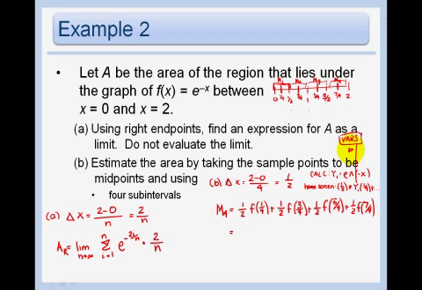Go over to Y-Vars on your calculator. Choose function. And so you should end up with 0.8557.